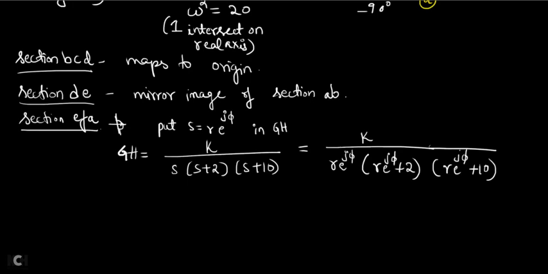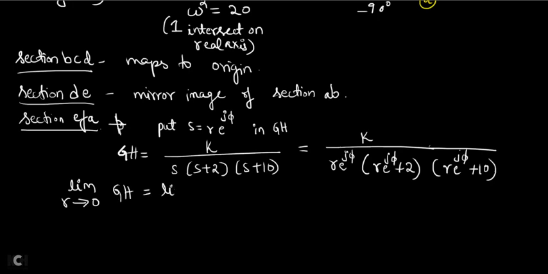Done. I have substituted. Now after substituting, you have to take the limit r tends to 0. You know why r tends to 0? Because the small circle, which is a bypass, should have approximately zero radius. That's why I am taking the limit r tends to 0.